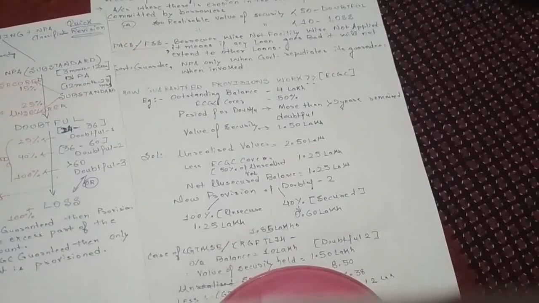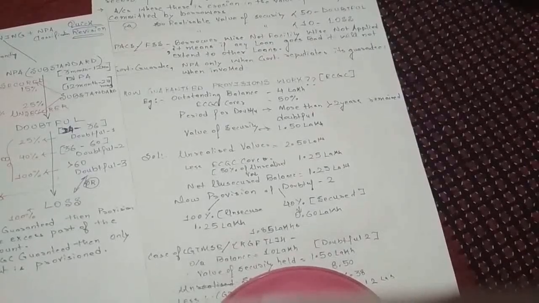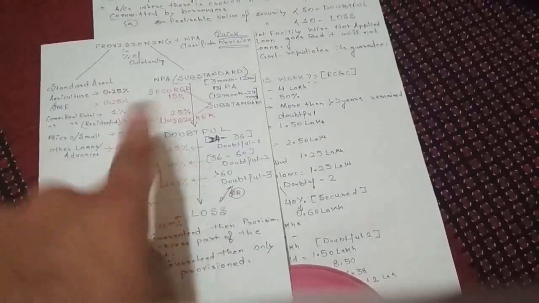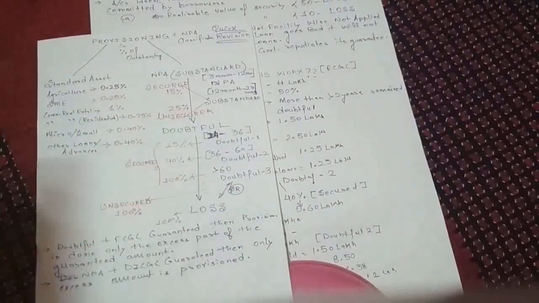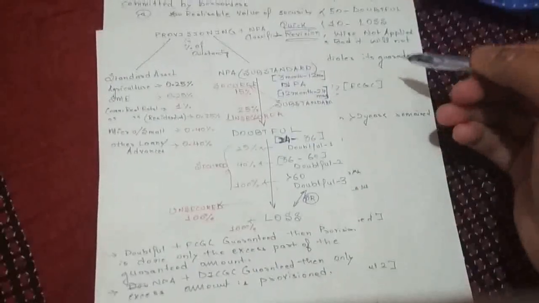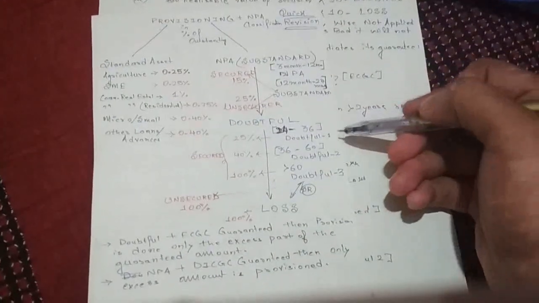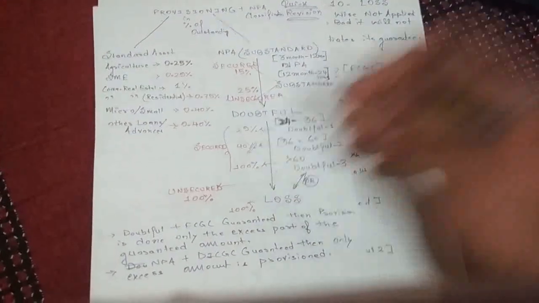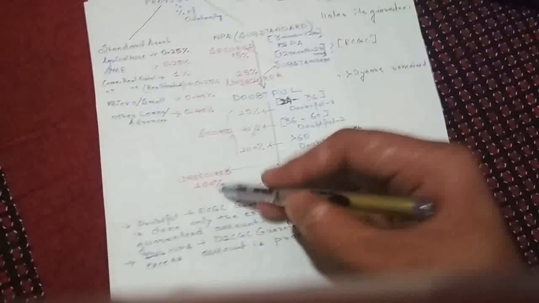Now at this particular time, we need to do the provisions. For the unsecured amount we have to do 100%, and for the secured we need to do 40%, because in the doubtful category we have learned that if it's secured, 40% needs to be done, and if it's unsecured it is 100%.